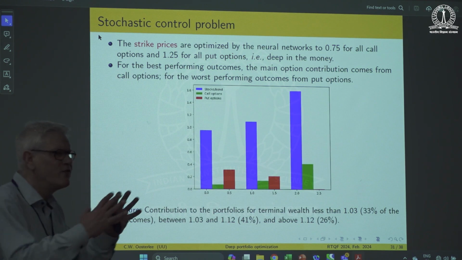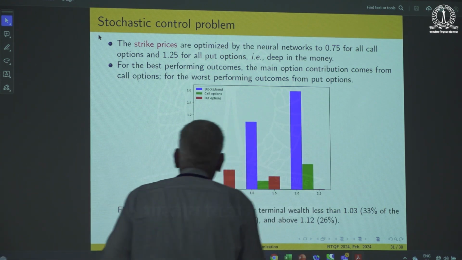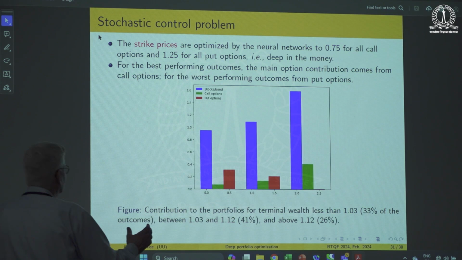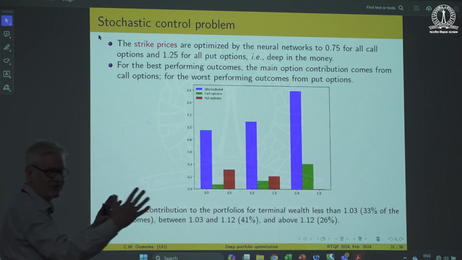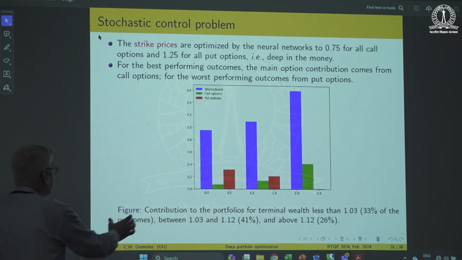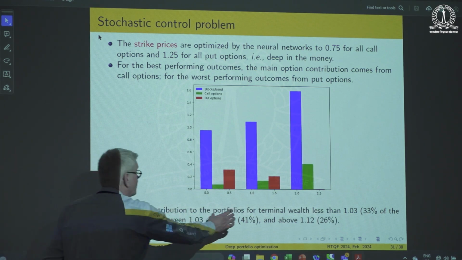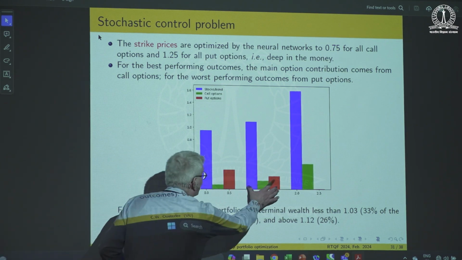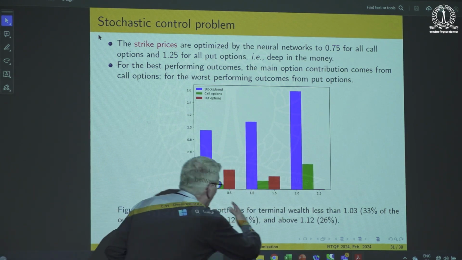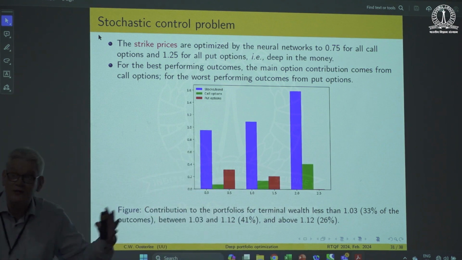And now, if we have a return, we think, okay, we can have not so good returns, less than 1.03. We can have returns that are between 3% and 12%. That's 41% of all the trajectories there. Then we have this allocation, and we have the above 1.12, so a high return.